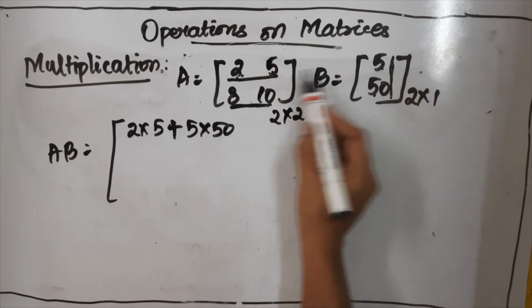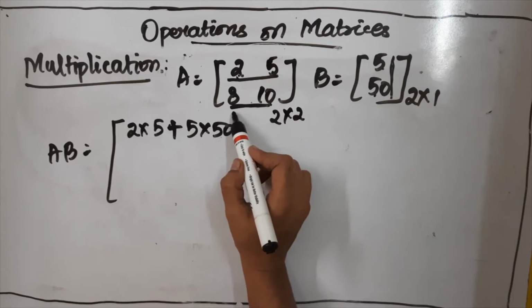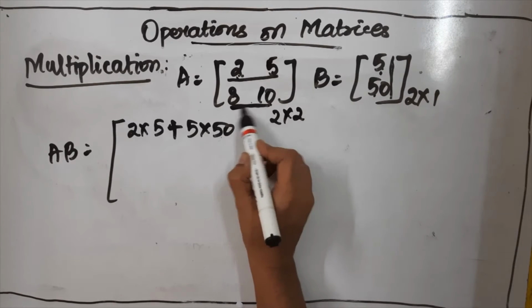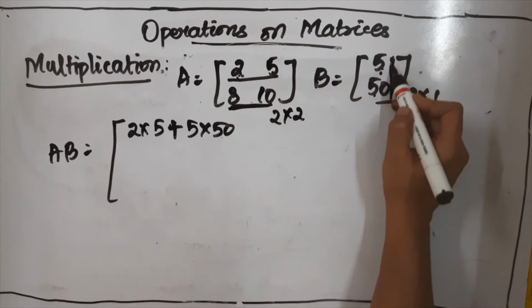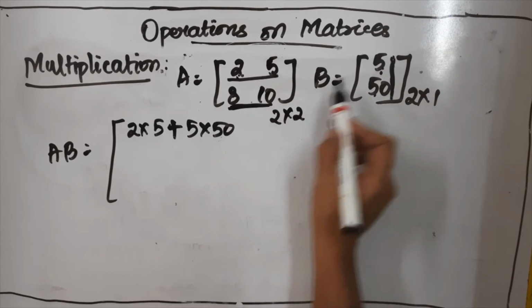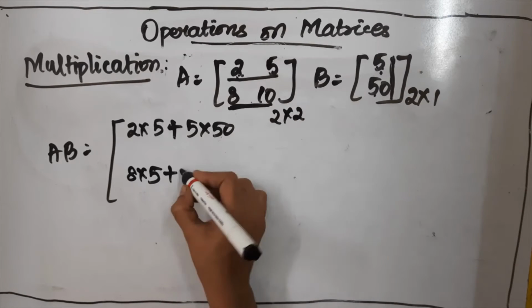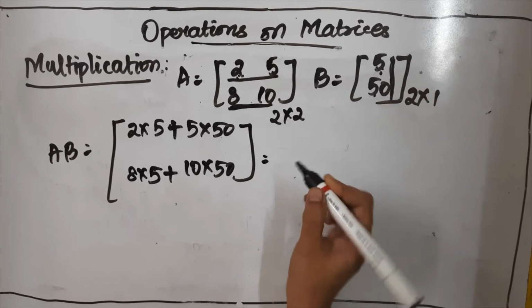It doesn't have any other columns, so I am going to go to the next row, which is 8 into 5. Here there is one column, so 8 into 5 plus 10 into 50. This is how we solve.